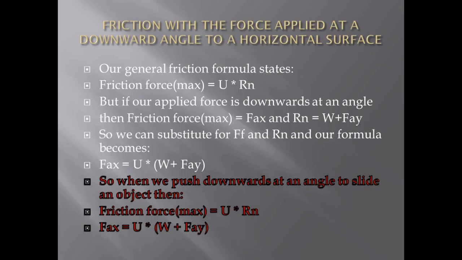So when we push downwards at an angle to slide an object, then the maximum friction force equals the coefficient of friction times the normal reaction force, or the horizontal component of the applied force equals the coefficient of friction times the sum of the weight of the object and the vertical component of the applied force.